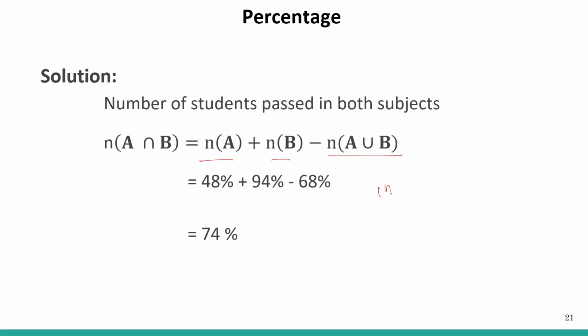So that is nothing but 48% plus 94% minus 68%. That is nothing but 74%.